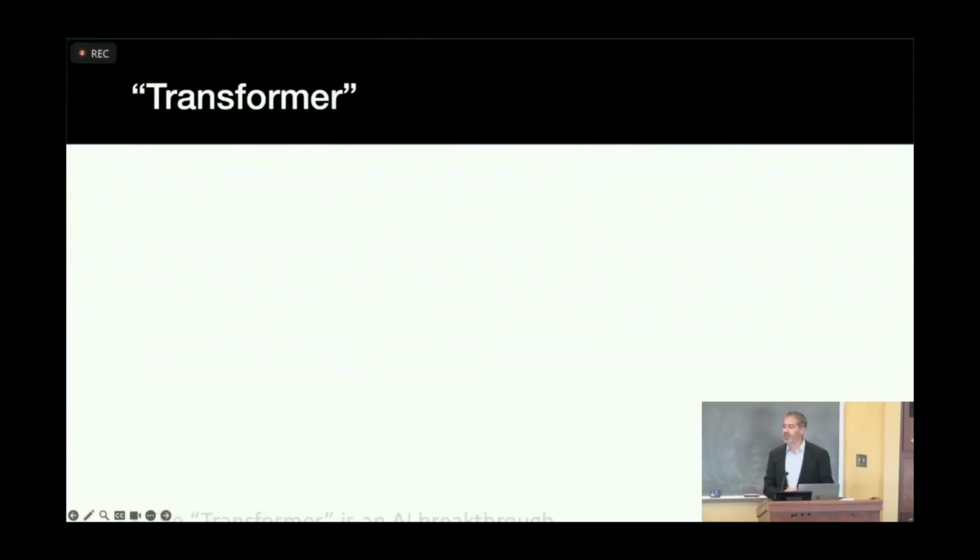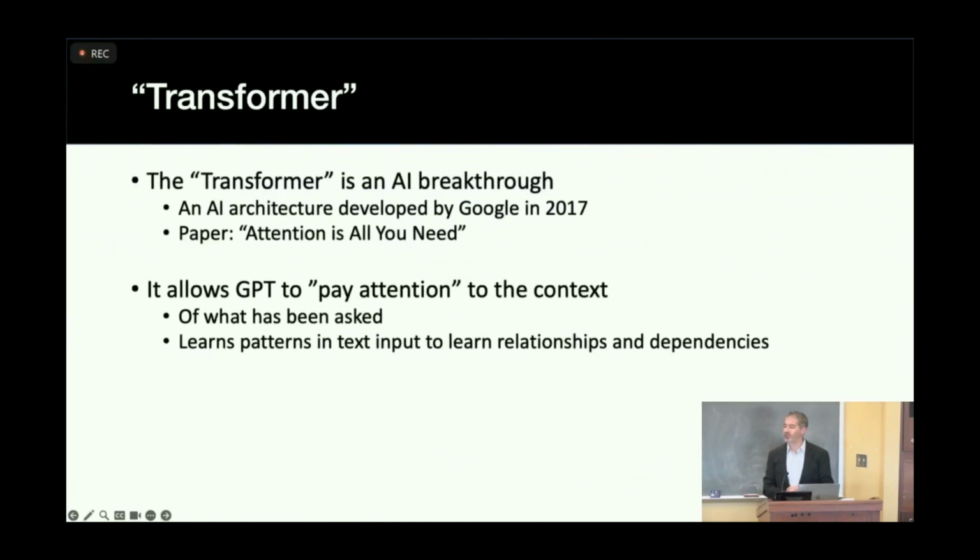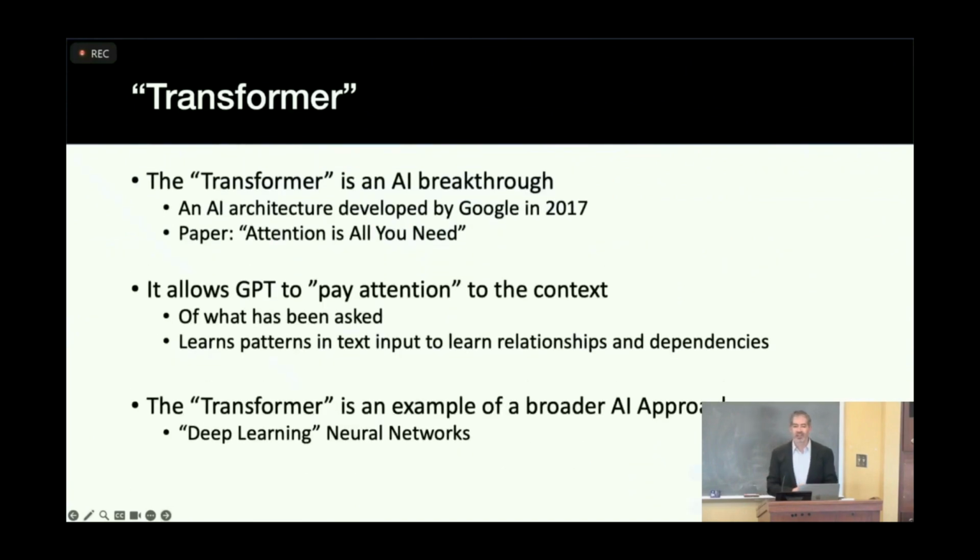And then finally, the T part, this is the transformer. We'll be talking about this too, but basically this was an invention by Google in 2017 in a paper called Attention Is All You Need. It was a breakthrough in AI because it taught something like GPT to understand the context of the words around what is being asked.